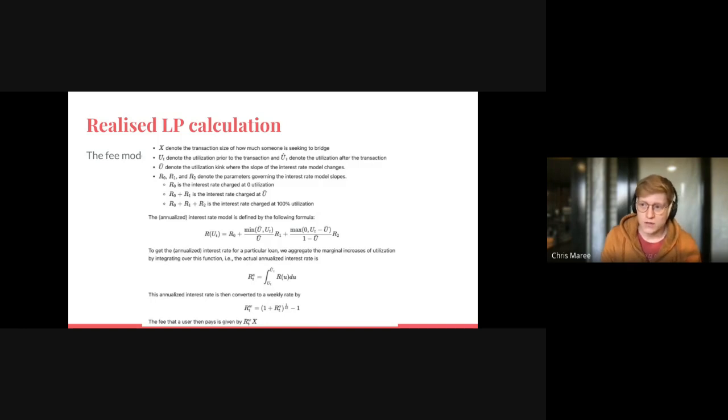So the graph is basically split up into two parts: one part before the kink, where the costs are low, and after the kink, the costs start ramping up quickly as a function of utilization. And then we have these three magic numbers, R0, R1, and R2, which basically denote different behavioral characteristics of the curve.